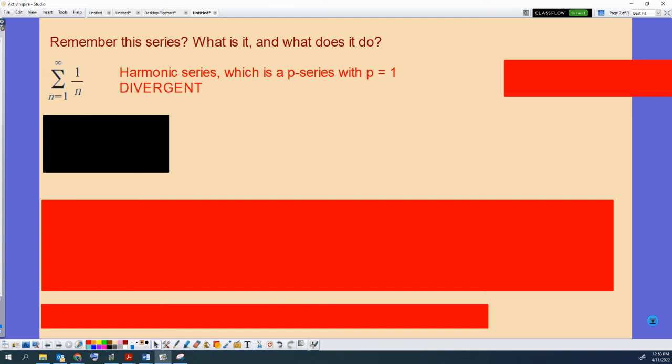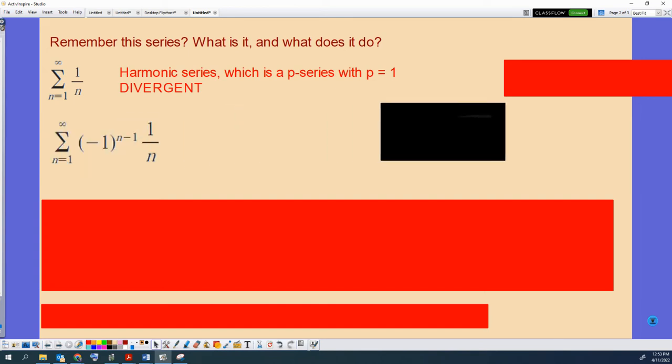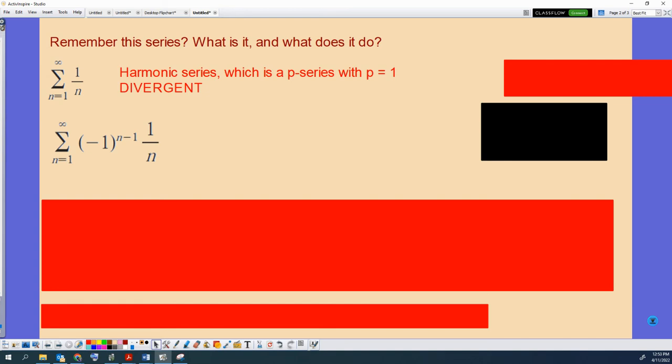All right, let's take this divergent harmonic series, and let's add one little detail to it. Maybe this doesn't look like that much of a detail, or maybe it looks like a little bit more than a little one. But this right here, this -1 to the n-1 power, I call it the alternator. It takes a series that was not alternating and makes it alternating, provided that the original series had all positive terms.